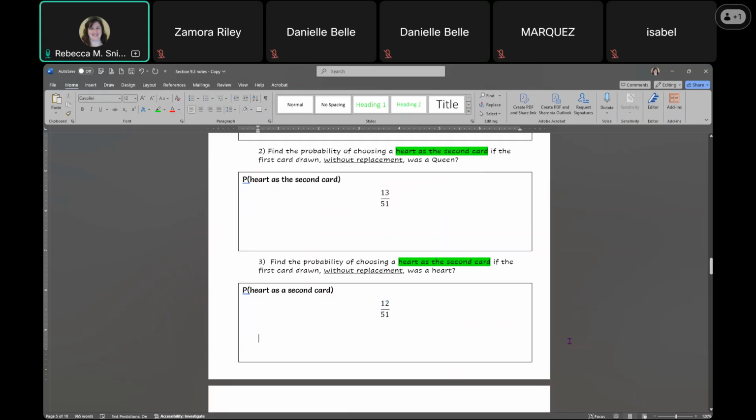So when we're talking about having a double condition, it means not only was my denominator term impacted, but my numerator was also impacted by the drawing of that first card.